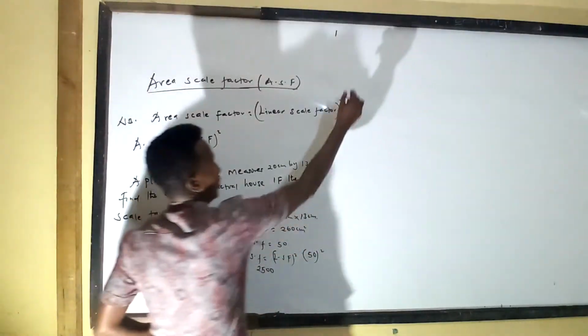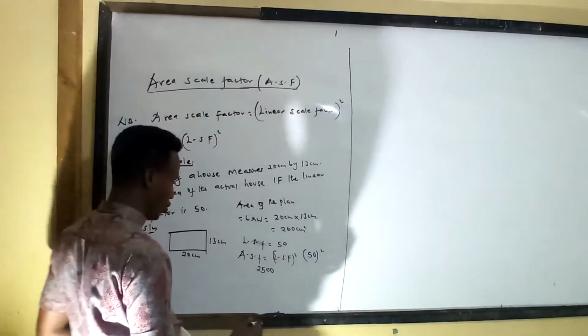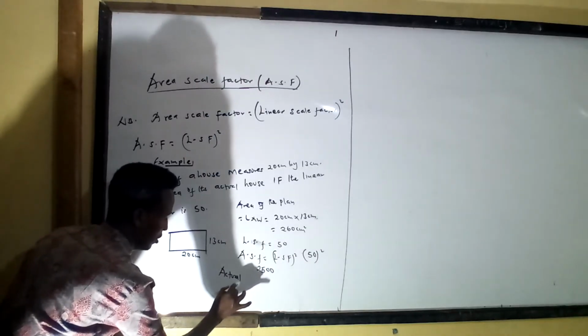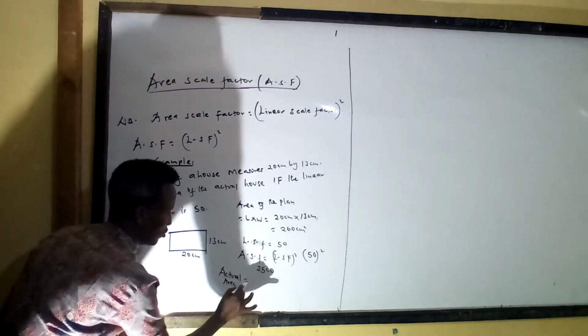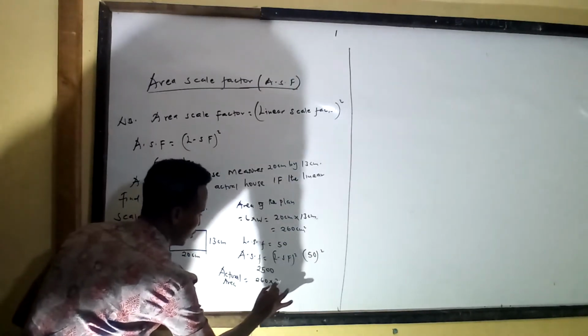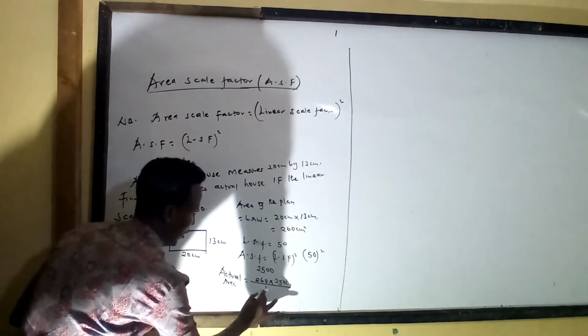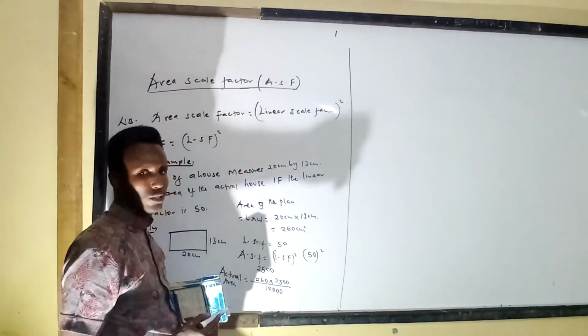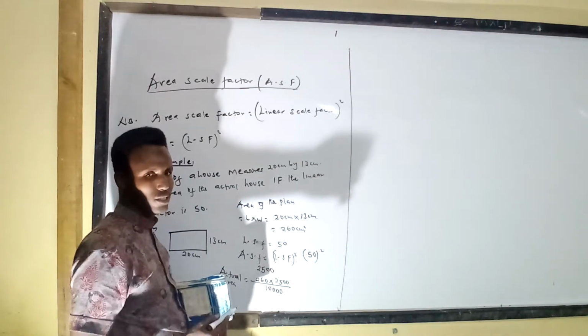Now let me say actual area is equal to 260 times 2,500 divided by 10,000, because we know that 1 meter squared is equal to 10,000 centimeters squared.